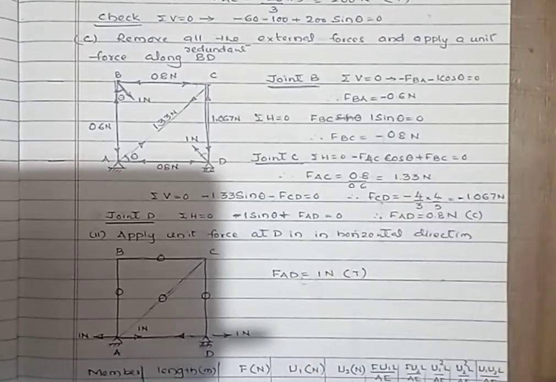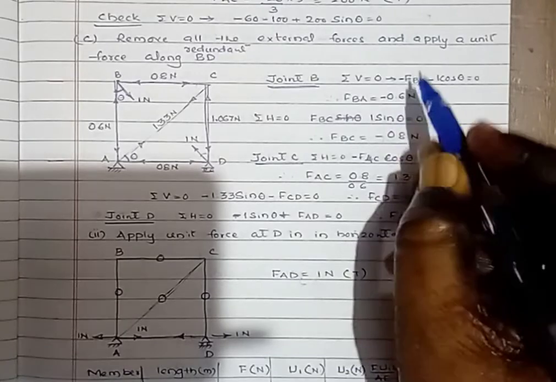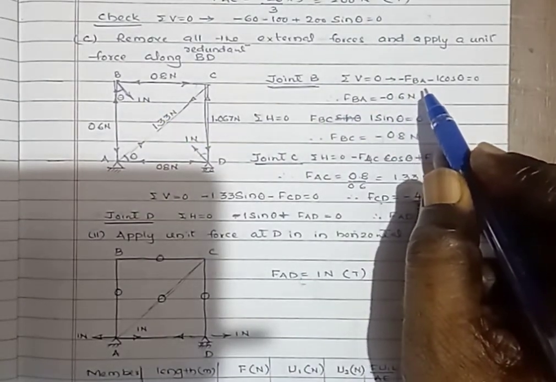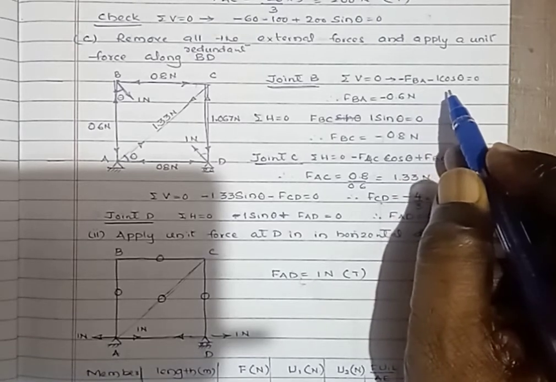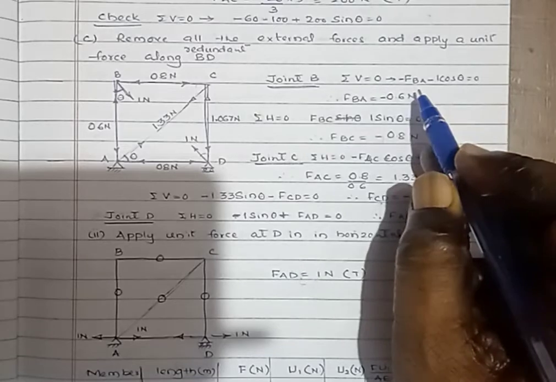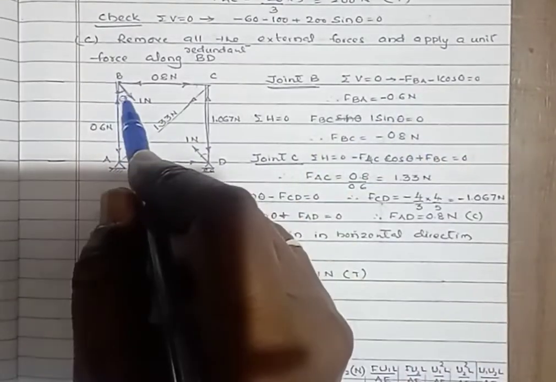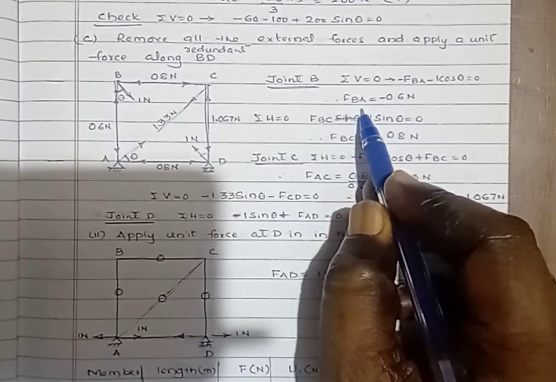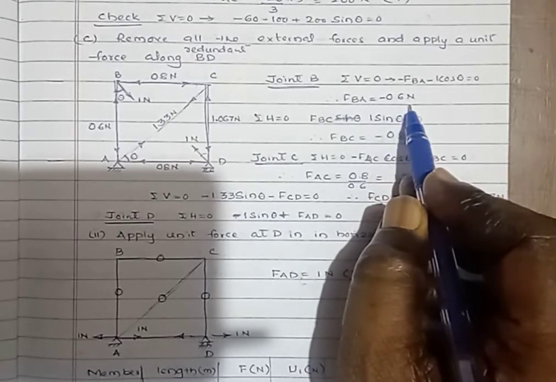The force in the member due to the unit load, that is U_BA, gives U_BA minus 1 cos theta, so you will get U_BA equals minus 0.6 Newton.